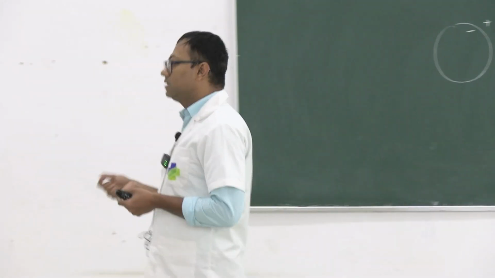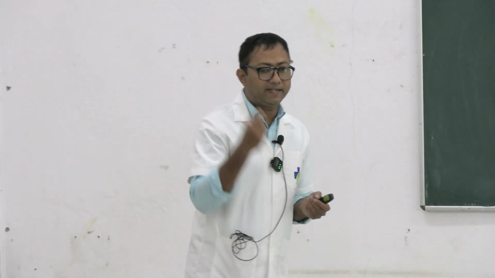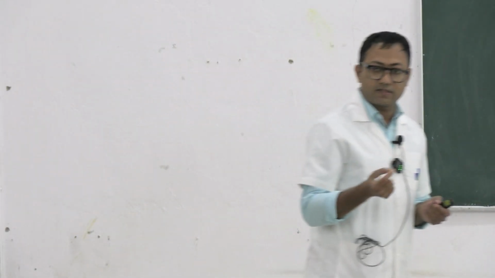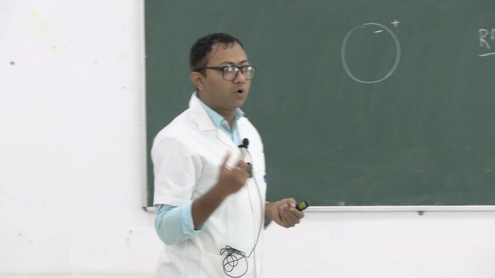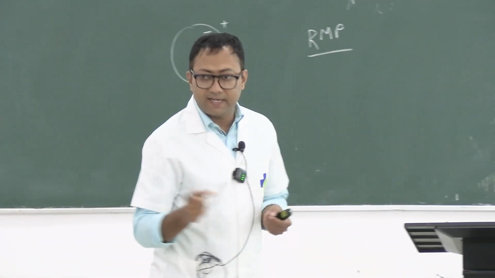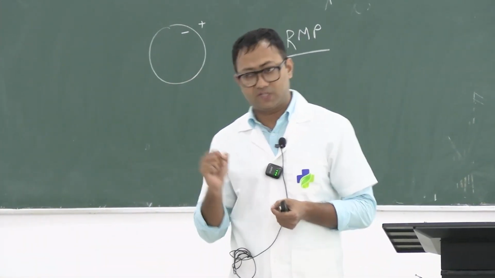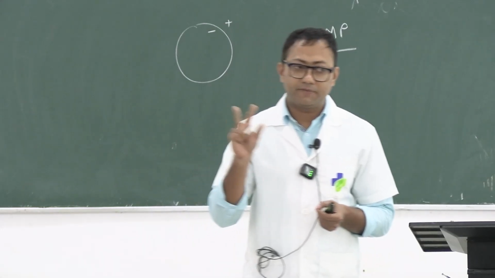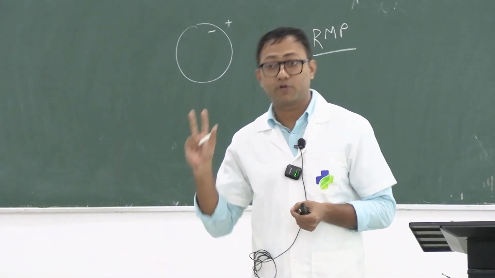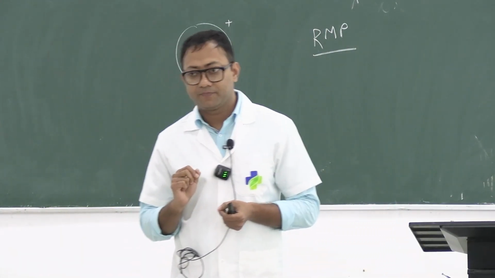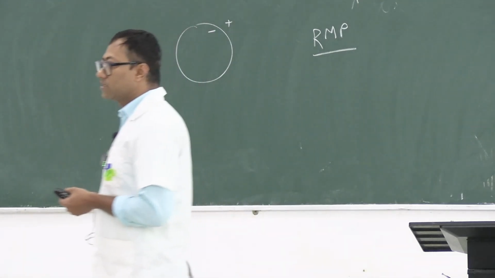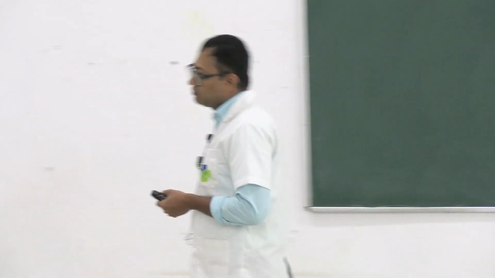So the definition of resting membrane potential is every animal cell maintains a potential difference across the cell membrane where the inside of the cell is negative in respect to the exterior. This potential difference is called resting membrane potential.